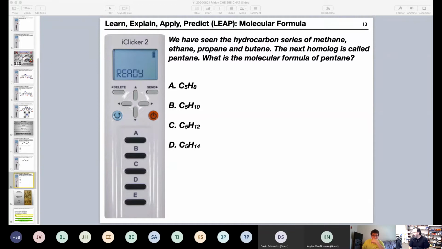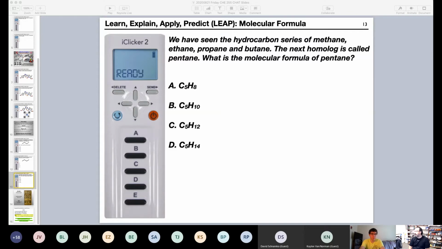So alkanes, yes, they are. The molecular formula, that's where I'm getting, as you see in the chat there, CnH2n+2. So alkanes have a molecular formula of CnH2n+2.